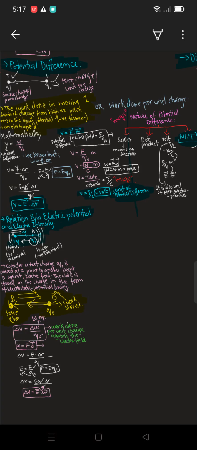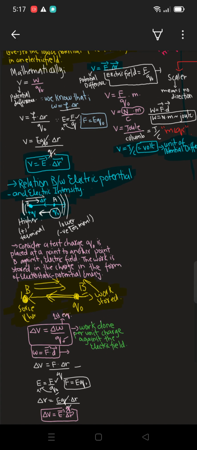Okay, so in the last video we discussed the relation between the electric potential and the electric intensity, in which we considered two charges. One was the unit positive charge, or test charge. The other was the source charge, or point charge.